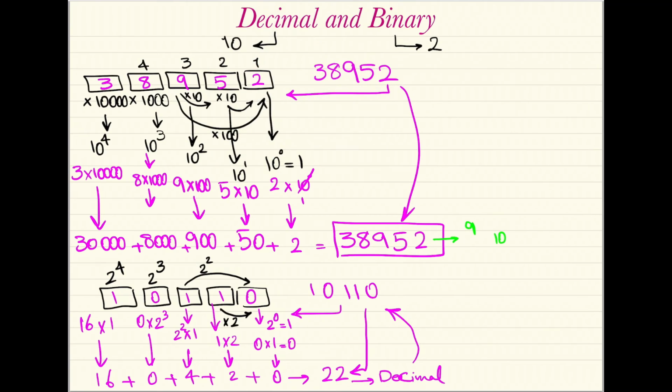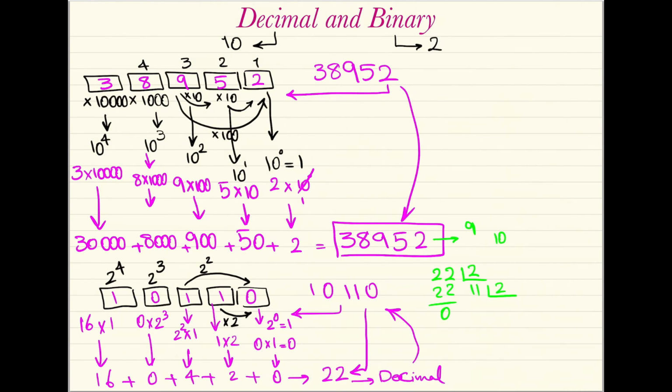To convert it back to binary, I'm gonna divide the 22 by 2, because simply I want to know how many 2's are embedded in 22, or how many of those boxes will have 1. So 22 divided by 2 will be 11, and the remainder here will be 0. Divided by 2.